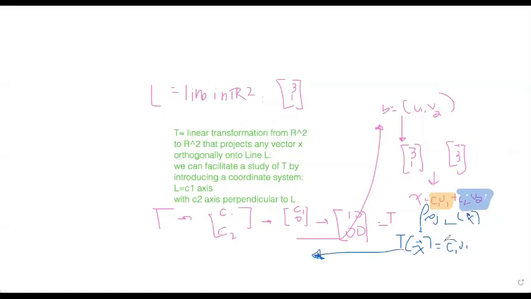if we're thinking about our C coordinates, they are going to be 1, 0, right? Which means that we can define a new type of vector coordinate, which is the vector coordinate of T of X equaling C1, V1.